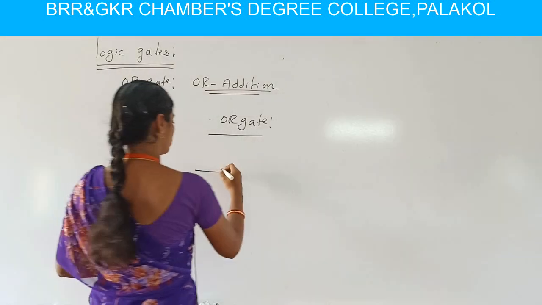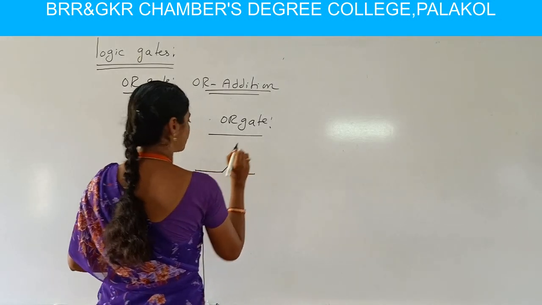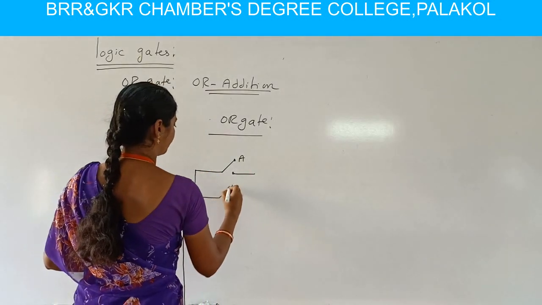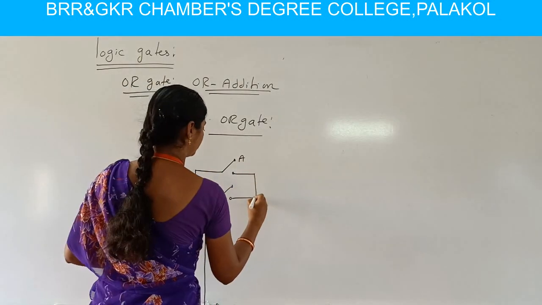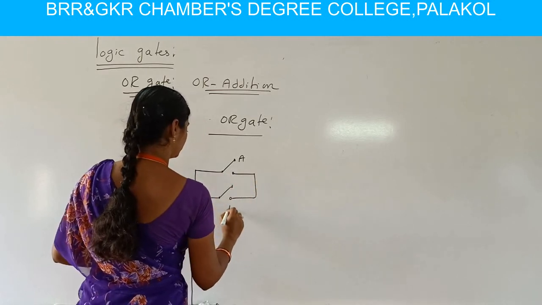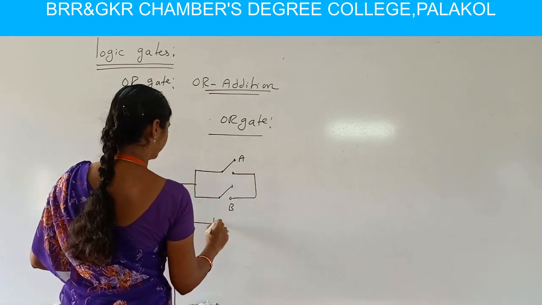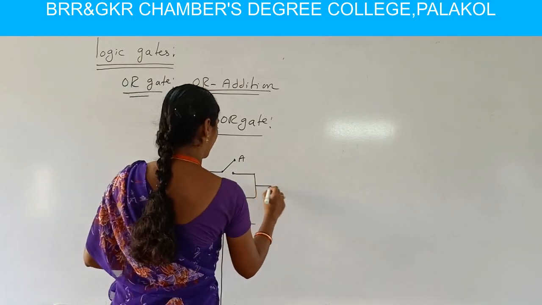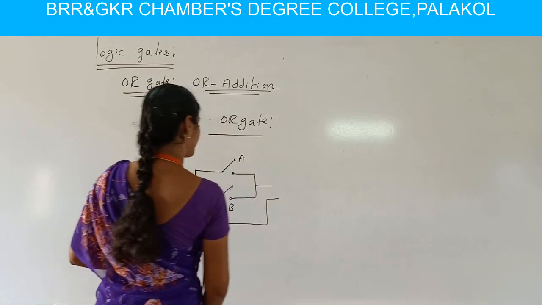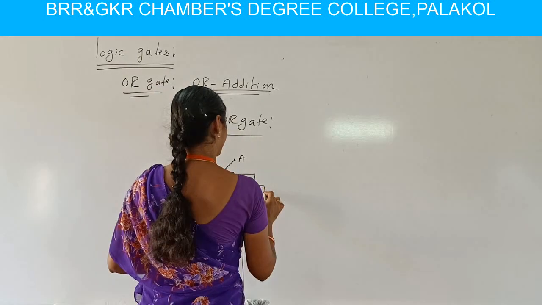Here A is one switch and the other switch is B. These 2 are connected with a battery for giving the input voltage, and the output is considered from here with a bulb.